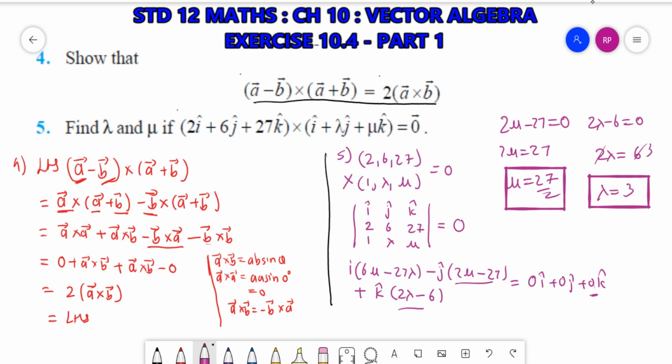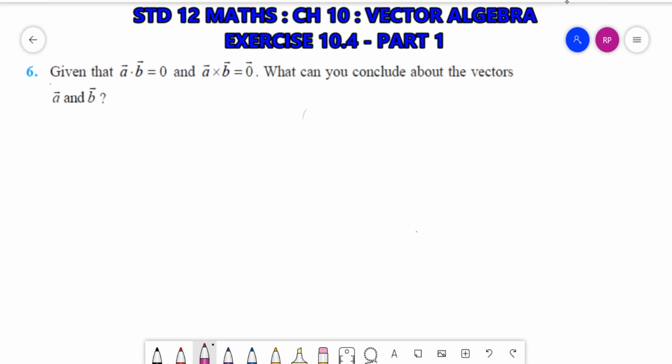Now let's move to the next question, question number 6. Given that A dot B is equal to 0 and A cross B is equal to 0, what can we conclude about the two vectors? So first, A dot B is equal to 0. Now there are three possibilities.